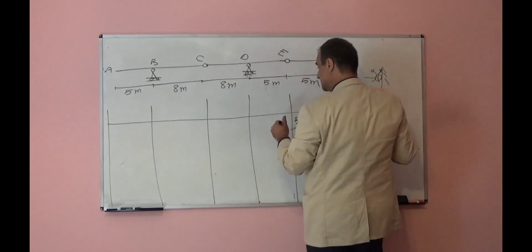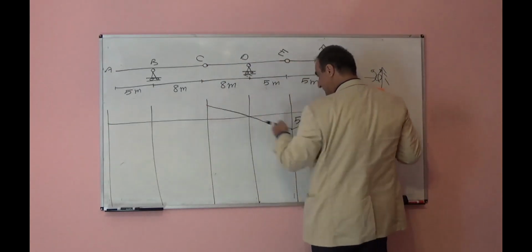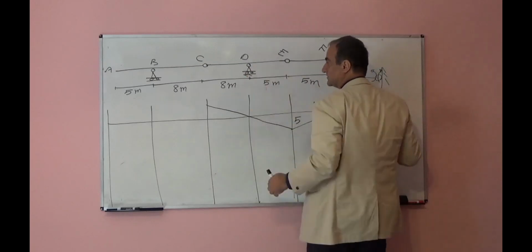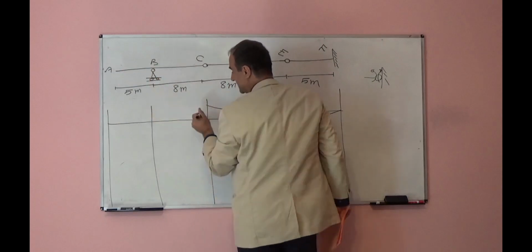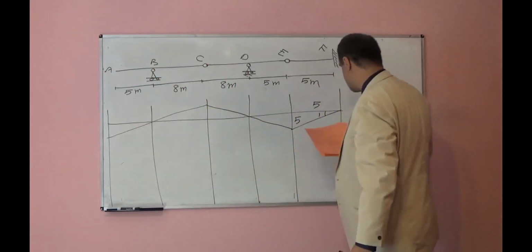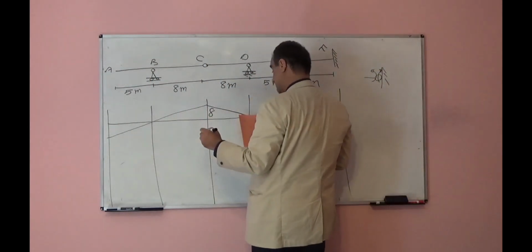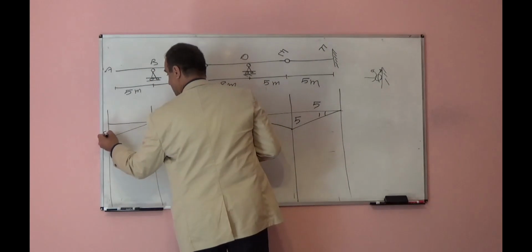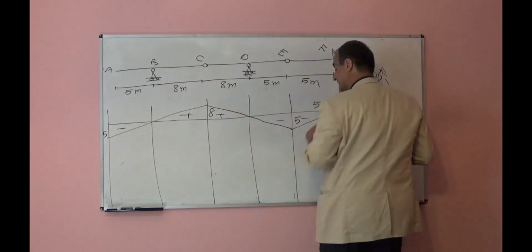This part is continuous, a straight line, it will rotate with respect to D. If point C moves up, this part should rotate with respect to B, like this. From similar triangles you can find this height will be 8 and this height will be 5: negative, positive, positive, negative.